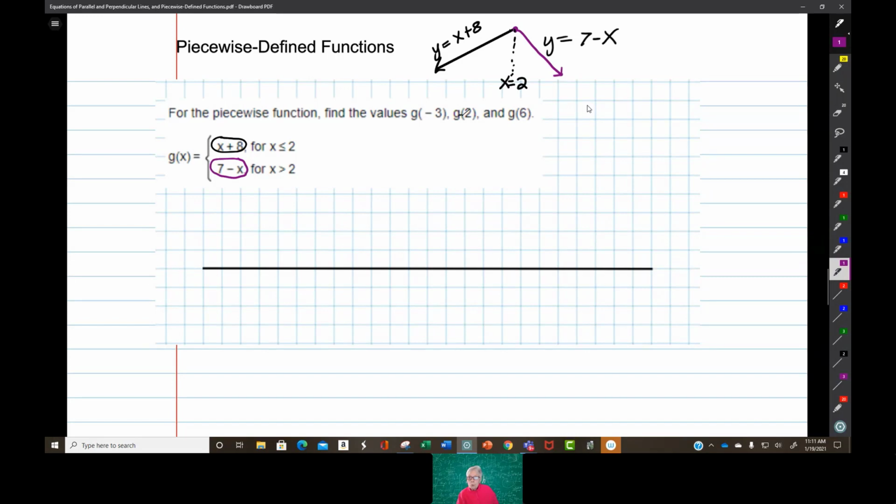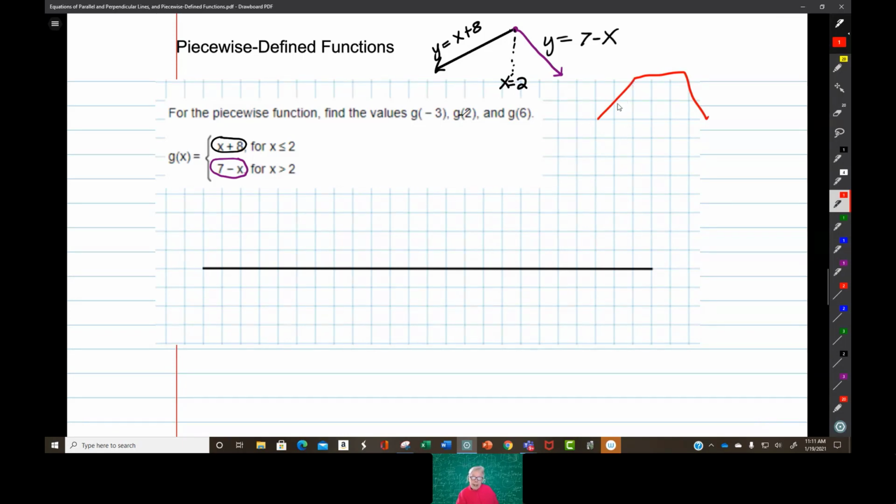And when we studied domain, we reviewed domain, we had this graph. It was red, and it kind of looked like this, and this, and this. That's a piecewise-defined function.